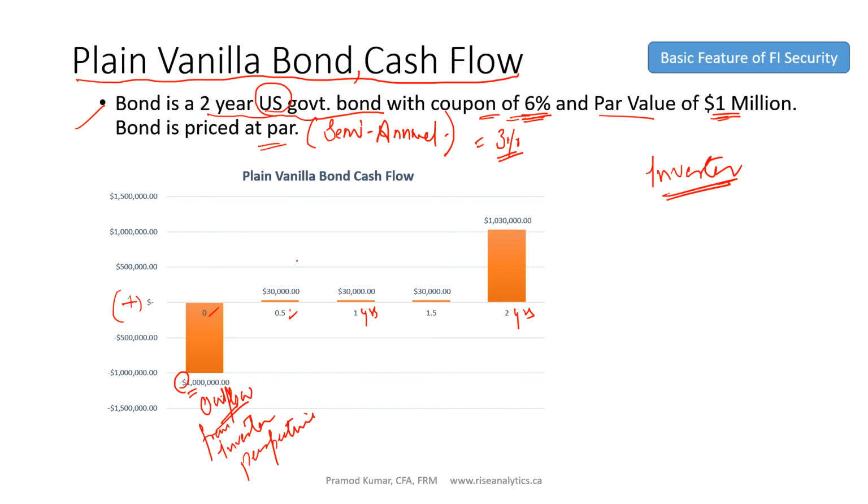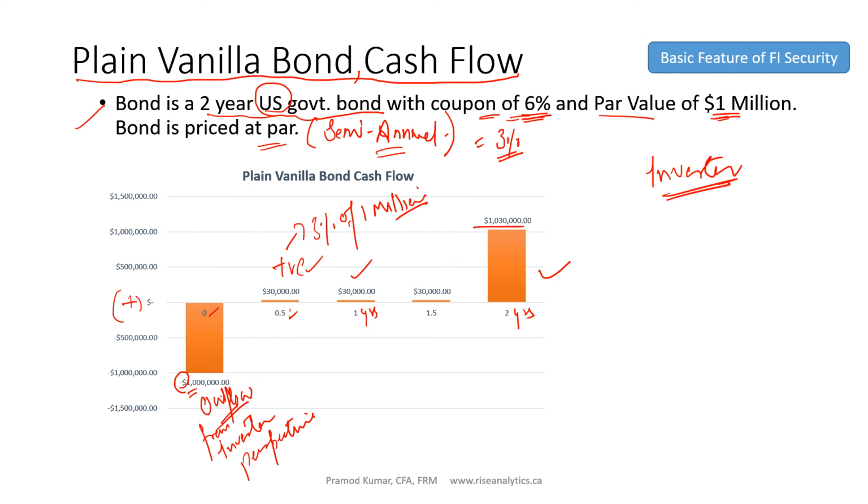Then every 6 months, because of the semi-annual payment, the investor will receive a cash flow of 3%. So 3% of 1 million is 30,000 every 6 months, at 1 year, 1.5 years, and then 2 years as well.